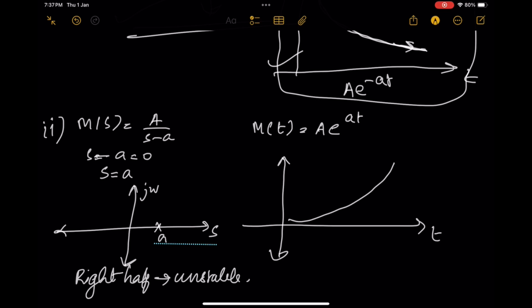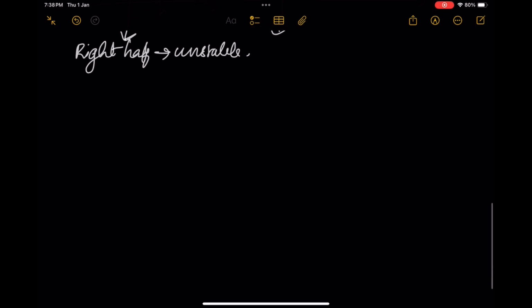That is, as time increases, the graph is tending to infinity. It basically means that the system is unstable. It's going to get higher values as time goes on. So this is the base for stability. That is, if a system is unstable, the pole will be on the right half of the S-plane. These are the basic equations that we have discussed. We will move on to some other equations as well.